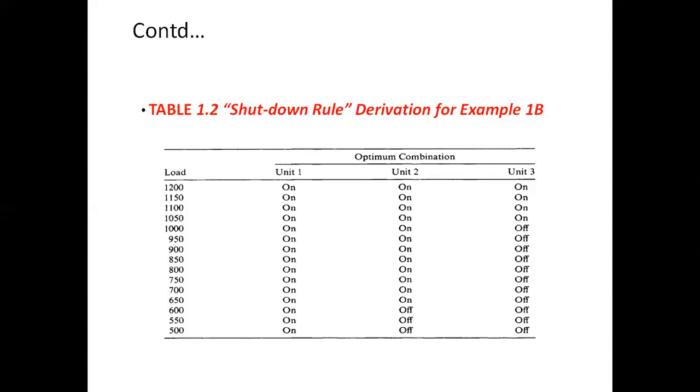We have seen that with the simple shutdown rule, only unit 1 is in running condition and the other units are off. But today, with the help of the priority list method, we will see how the shutdown of generating units will change from 600 megawatt and below.